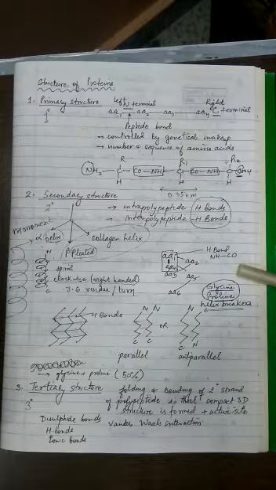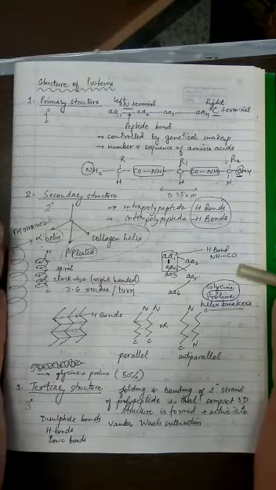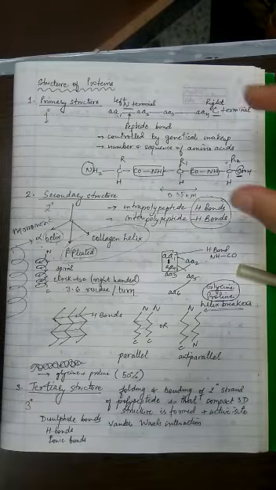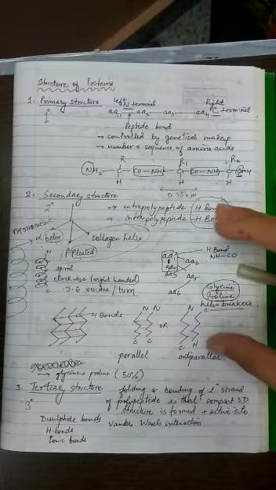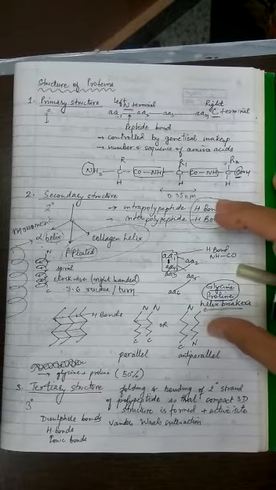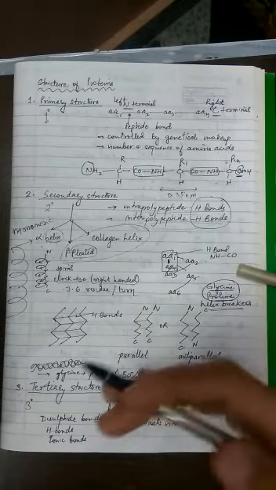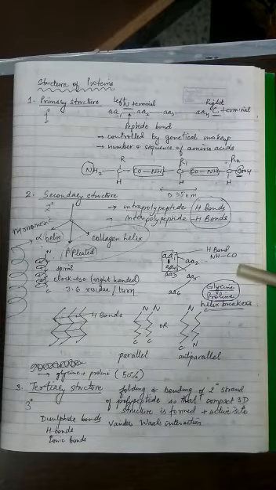Now the next level of the structure of protein is the tertiary structure. What exactly is tertiary structure? One more thing, remember, every protein will have a primary structure. Every protein will have secondary structure. But tertiary structure is not found in every protein. There are some proteins which are called fibrous proteins.